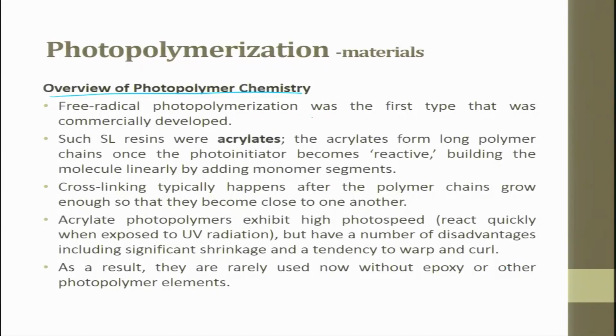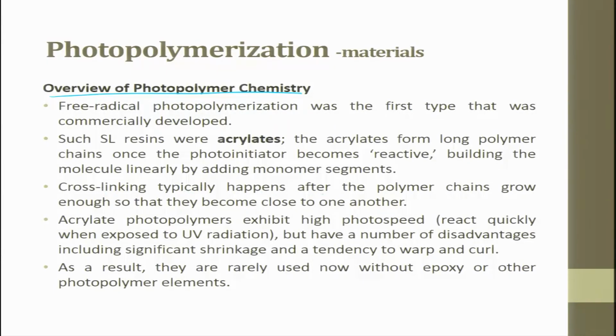Free radical photopolymerization was the first type that can be commercially developed. Since SL resins were acrylate, the acrylates form long polymer chains. Once the photoinitiators become reactive, they build the molecular chain linearly by adding monomer segments.